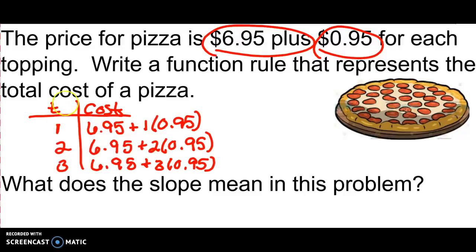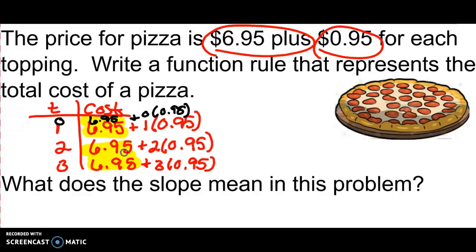And if I would get zero, I'm going to squeeze this in here. If I would get zero toppings, I still have to pay the $6.95, but I would have zero toppings at 95 cents. So if I look at this from the table, I can see once again that my $6.95 stays the same no matter what.